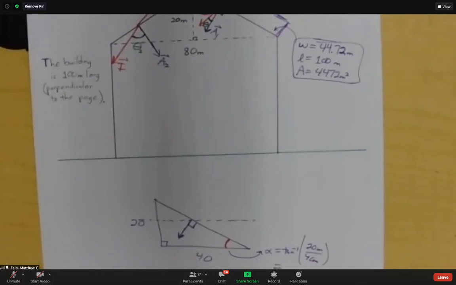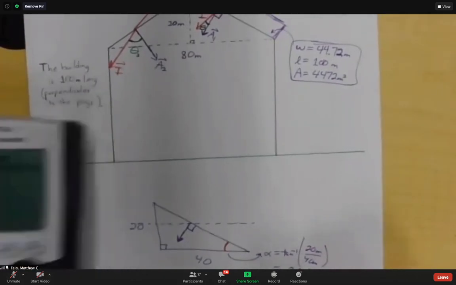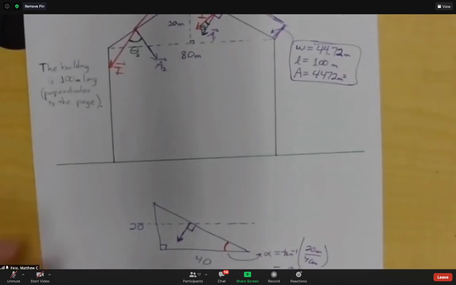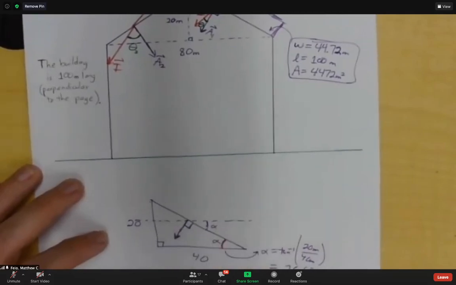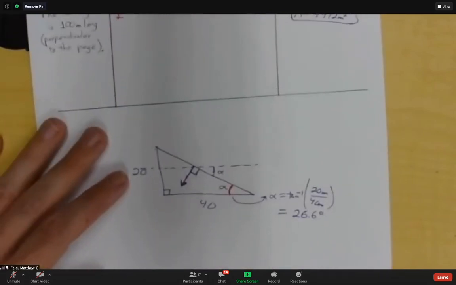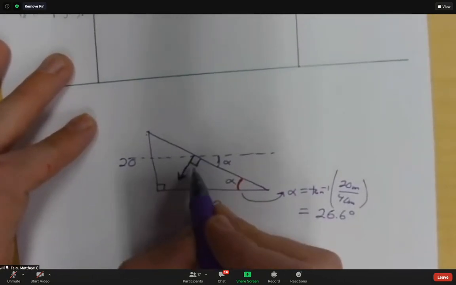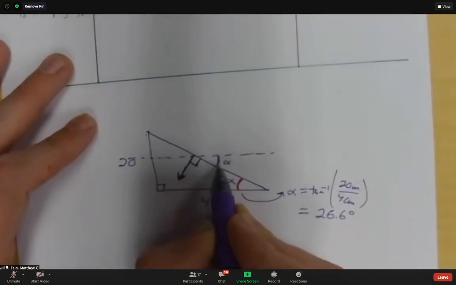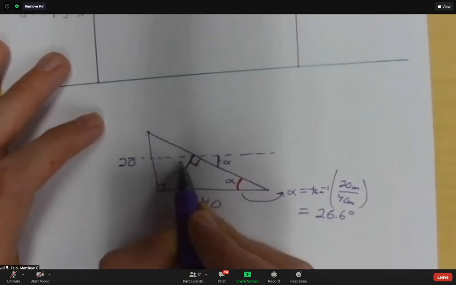And inverse tangent of 20 over 40, making sure I'm in degrees, is 26.6 degrees. And I think that means this is 26.6 degrees also, from the horizontal. And then this is perpendicular. So if that's 26.6, this is 90, and together they add up to 180, or basically these two angles together make 90.